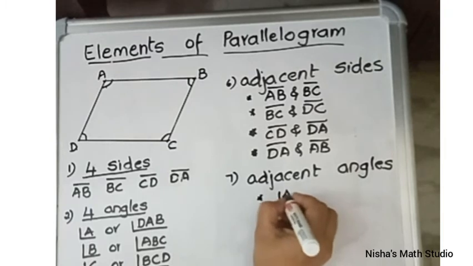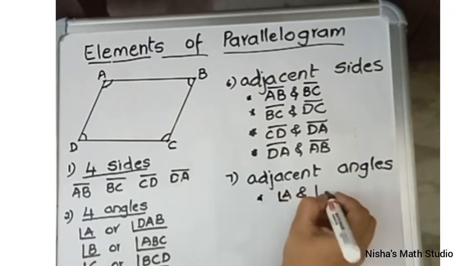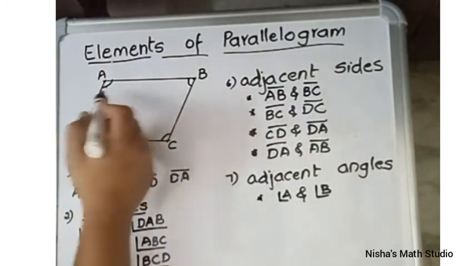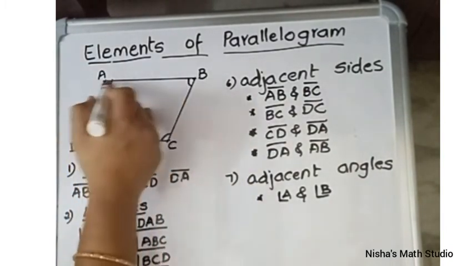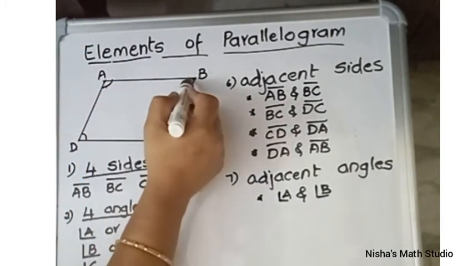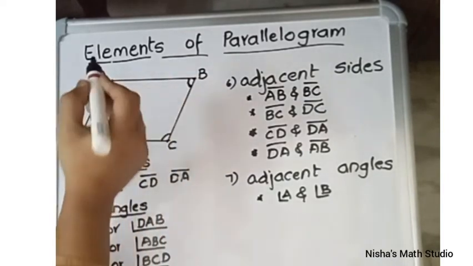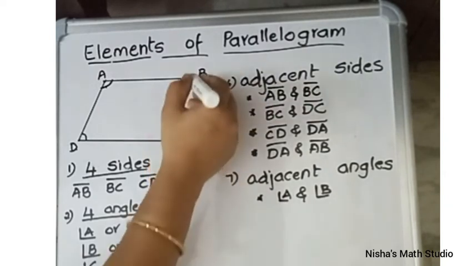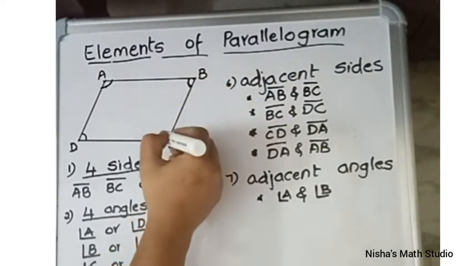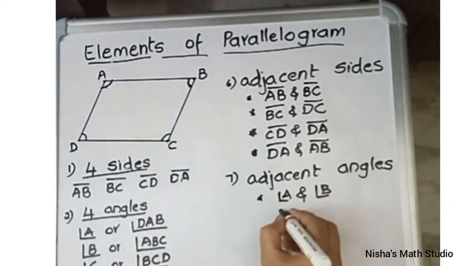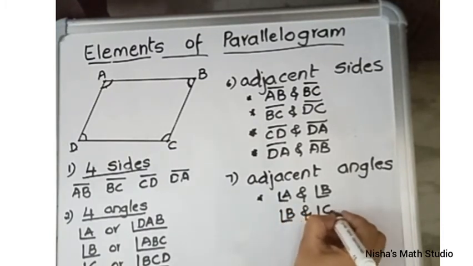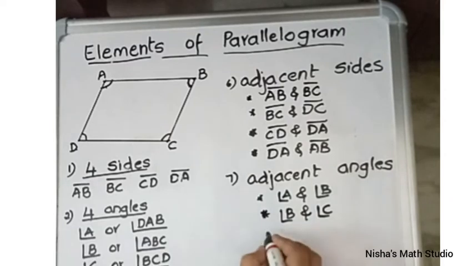Angle A and angle B. Adjacent angles are the angles which come at the end of the same line segment. Similarly, the end points of this line segment form B and C. So angle B and angle C. These are the second set of adjacent angles.